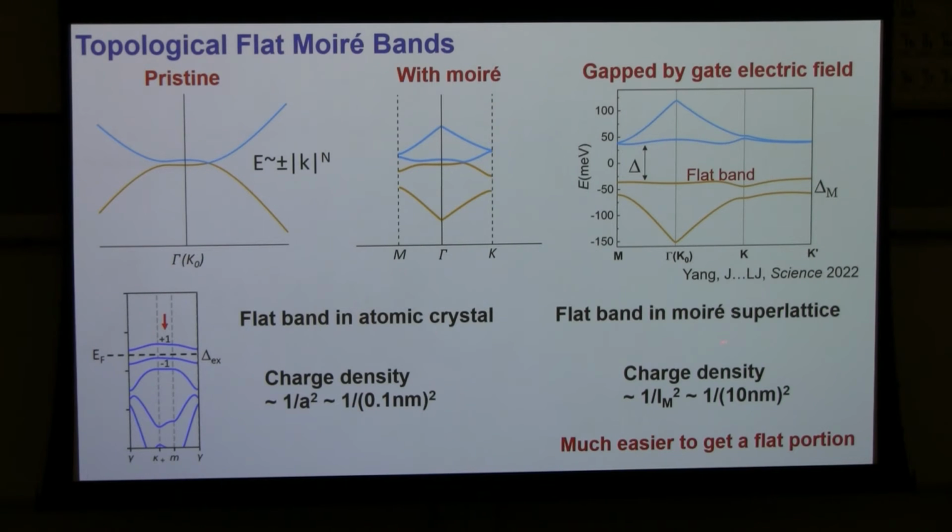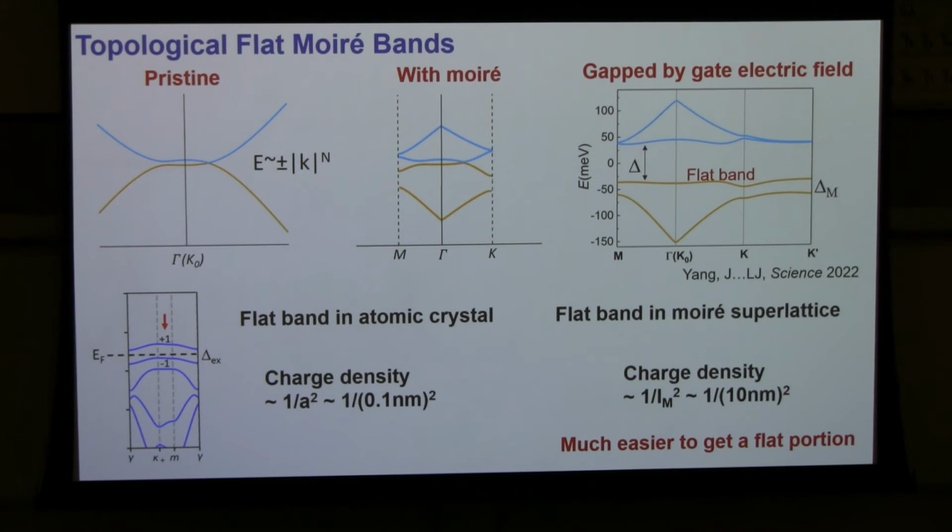But the Moiré helps you simplify the problem: instead of requiring everywhere in momentum space to be flat, Moiré can cut out the flat portion of the band. You can still have very dispersive bands at the higher energies, but all you need is a small range of momentum space that is flat enough.